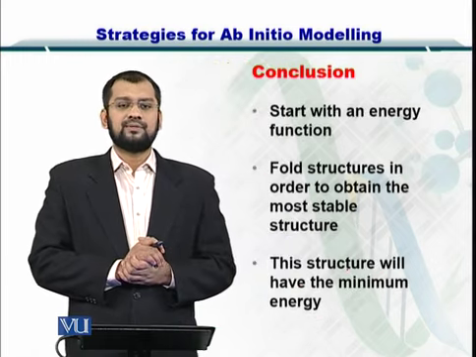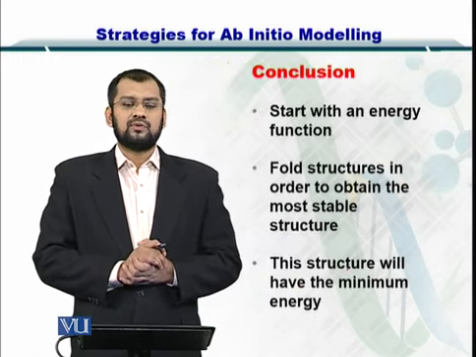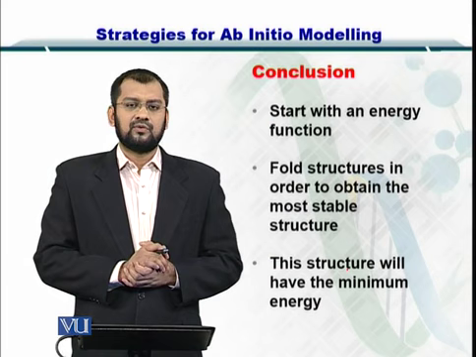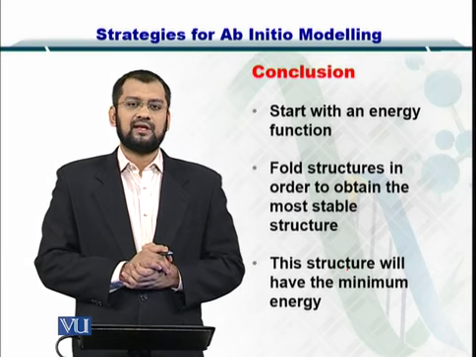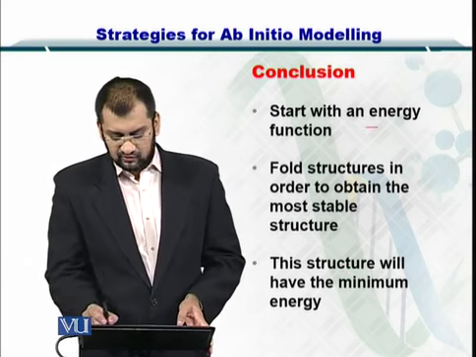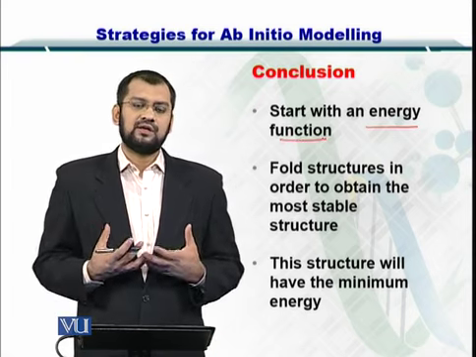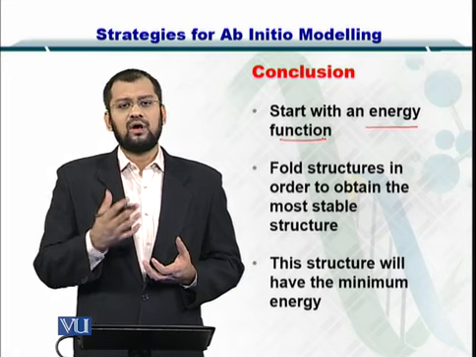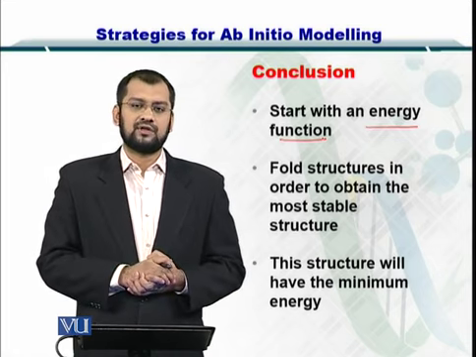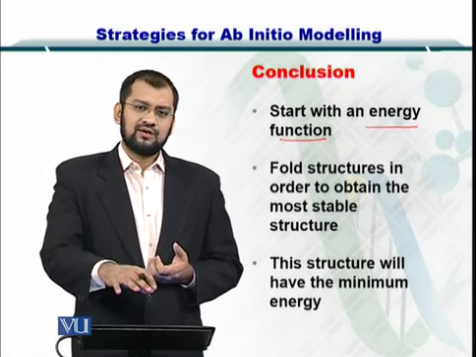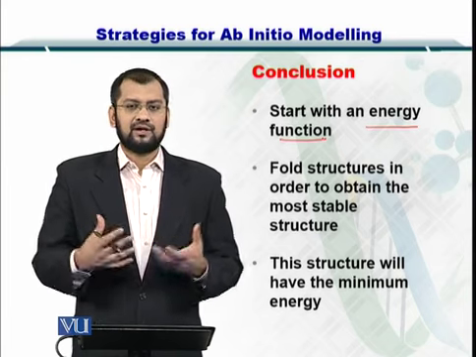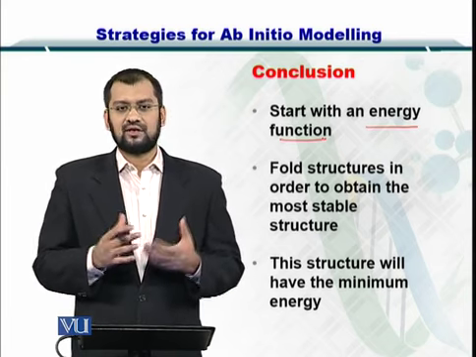So in conclusion, in ab initio modeling strategies, we typically start with an energy function. So the energy function gives you how much energy is still contained or how much energy is given out of the structure. The more negative the energy value, the better structure or the energetically stable structure you have.